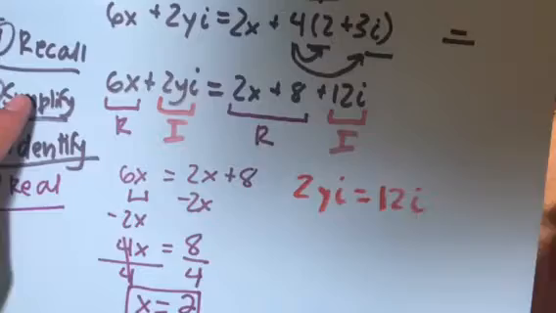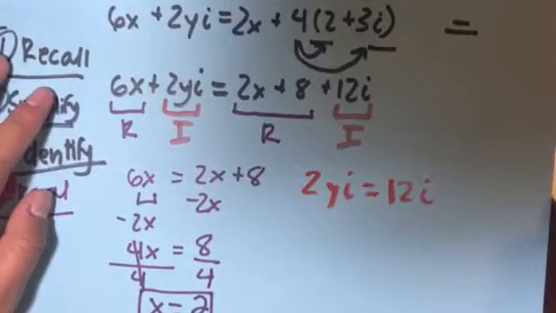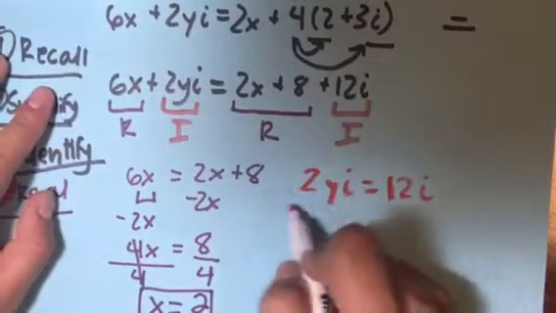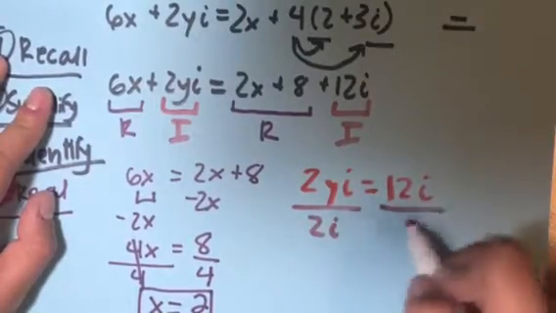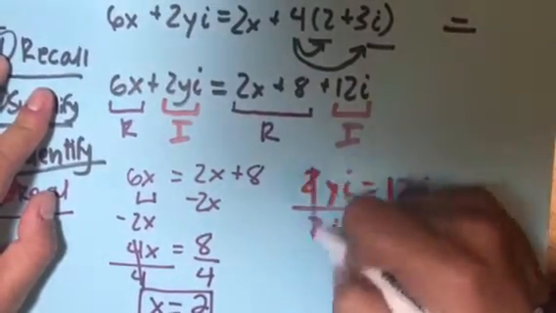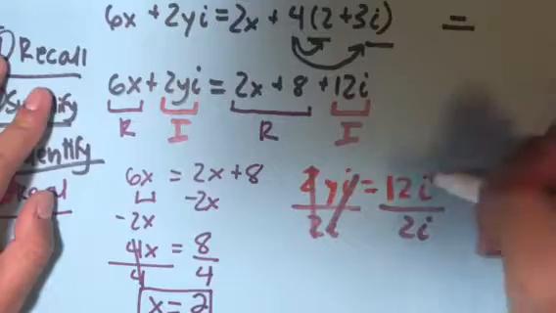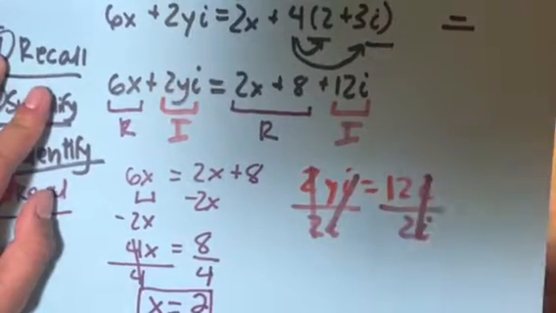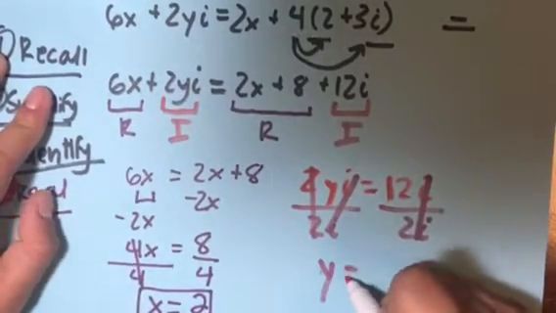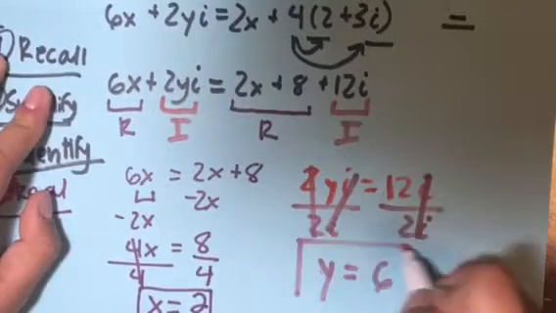So now, what we would do is just divide everything by 2i, and this cancels out, and this would cancel out, and then both of these i's would cancel out. So y is equal to 6.